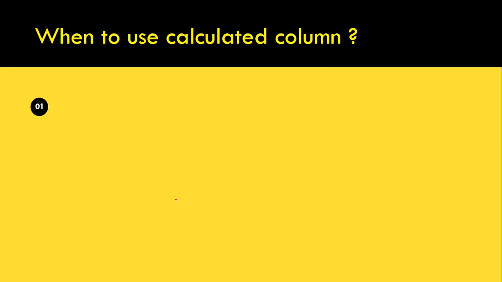Based on that calculated column, if you want to use some kind of slicer, you can use the calculated column, whereas you cannot use a measure. So in that kind of situation, you can go for a calculated column.